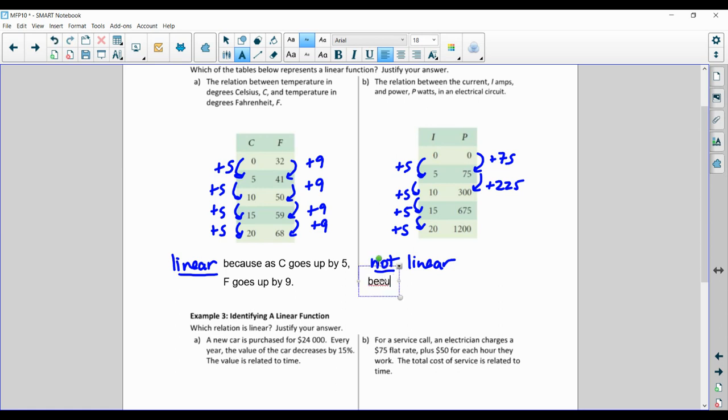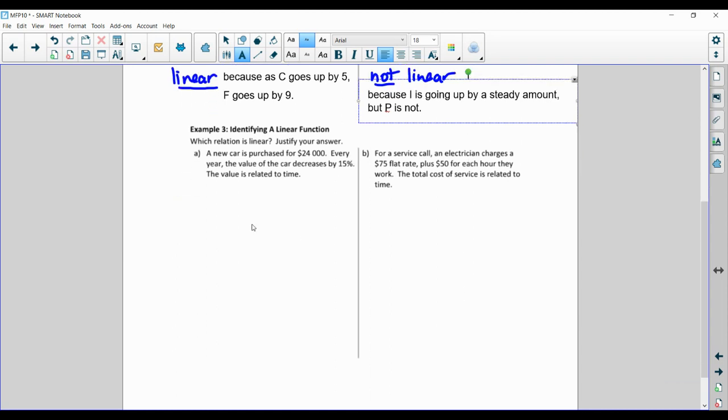And that is because I is going up by a steady amount, but P is not. So they both have to be going up by the same steady amount in order to be linear.